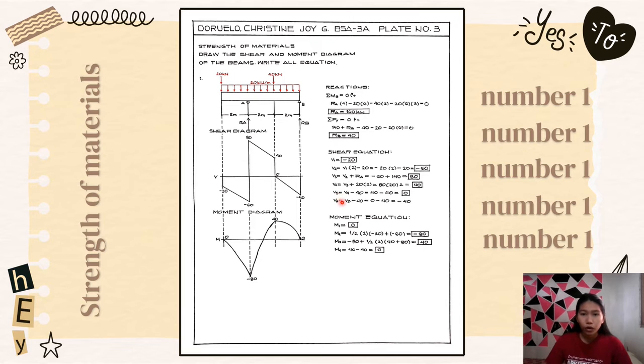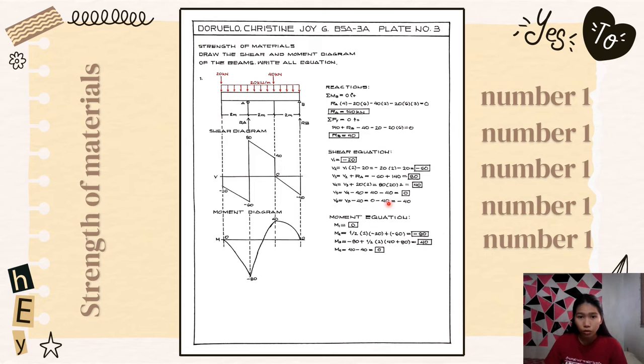And for the V4 is equal to V3 plus 20 multiplied by 2, is equal to 80 minus 20 times 2, is equal to 40. So we got 40 downward. So here. And for the V5 is equal to V4 minus 40, is equal to 40 minus 40, is equal to 0.